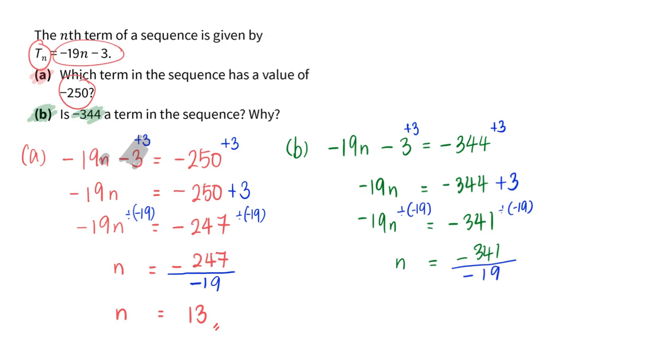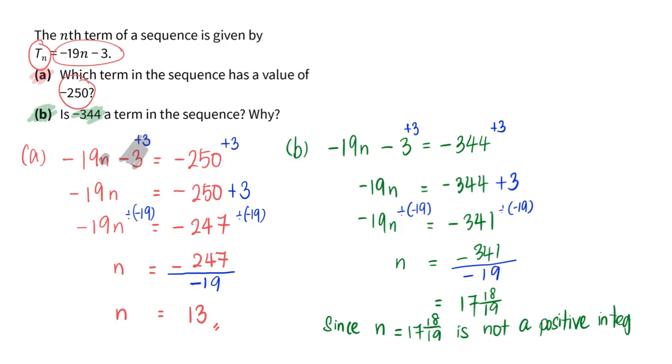And in this case, I realize that it gives me a mixed number and not an integer. So the final conclusion is that since n is equals to 17 and 18 over 19, it is not a positive integer, or it's not a whole number, both are accepted.